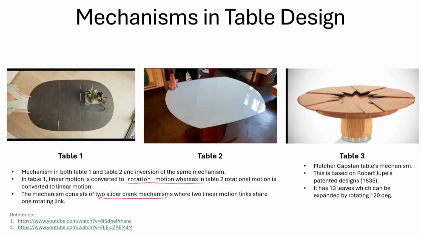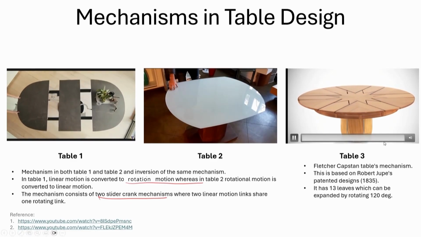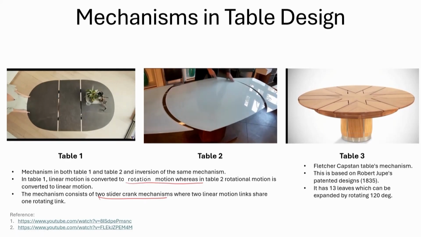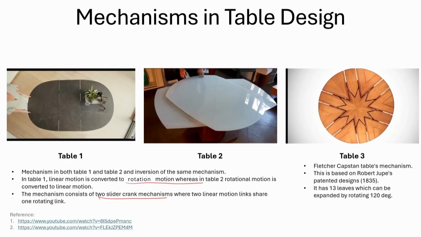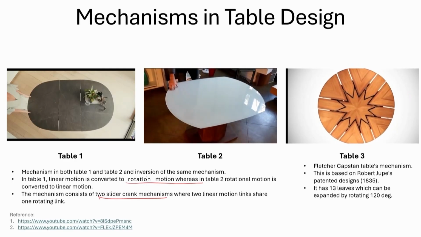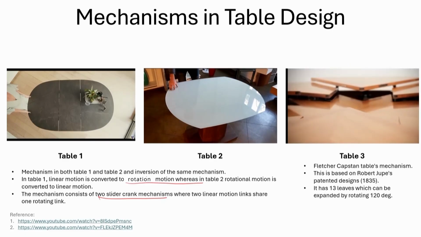So, these are different types of applications of mechanisms. By adding these mechanisms together, or compound mechanisms together, you can get such a system. So, this is about the basic mechanisms.